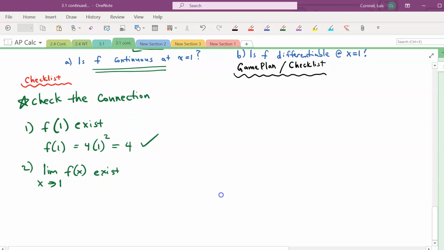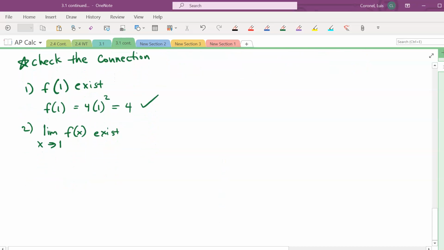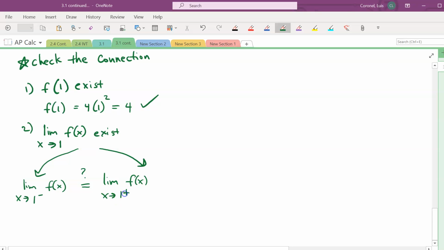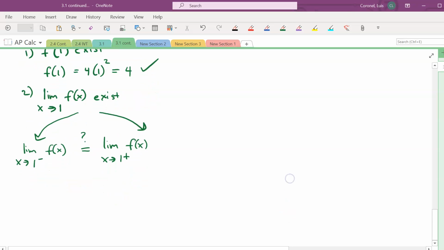In order to check the limit, you have to check 2 parts. You have to check the limit from the left. As x approaches 1 from the left side of f of x, is that the same as the limit of your function as x approaches 1 from the right? So you have to check both parts.